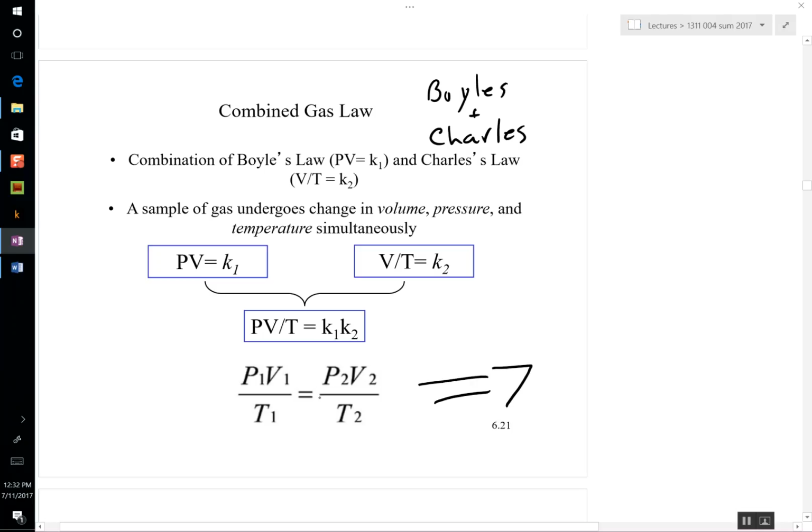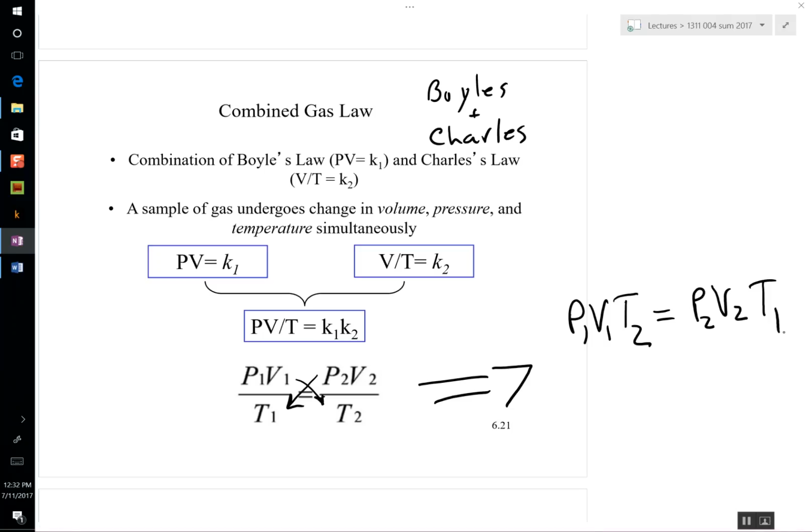Or if we cross-multiplied in here, we would end up with P1 V1 times T2 equals P2 times V2 times T1. If we wanted to get the temperatures out of the denominator, we could do that by cross-multiplying and end up with that expression, which is also the combined gas law, just expressed in a little different terms.